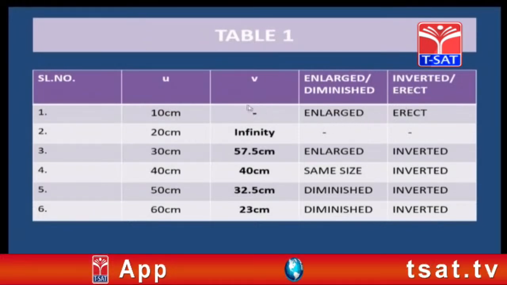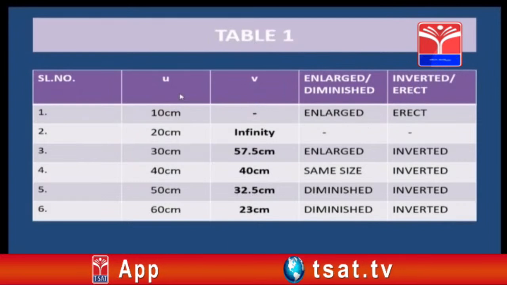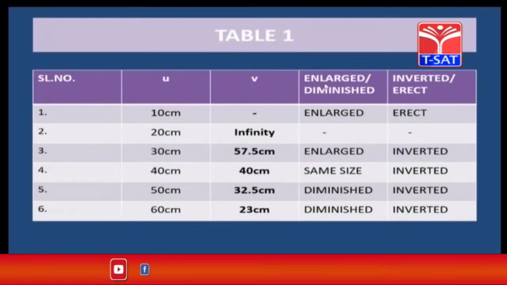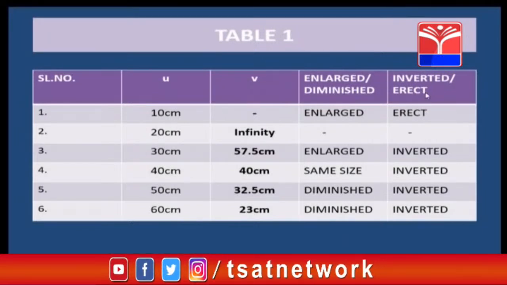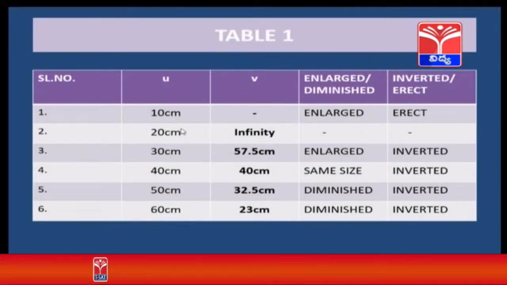Okay children, so here u is the object distance, v is the image distance. This column tells us about the size of the image and this tells us whether it is inverted or erect. For 10 centimeters we could not find the image distance as the image was formed behind the mirror itself. It was enlarged and erect.